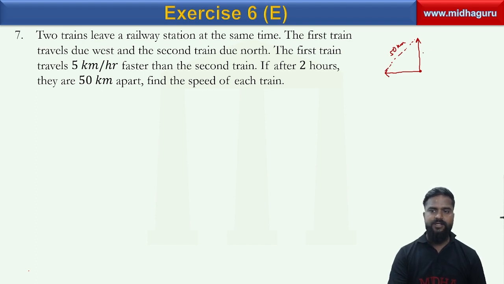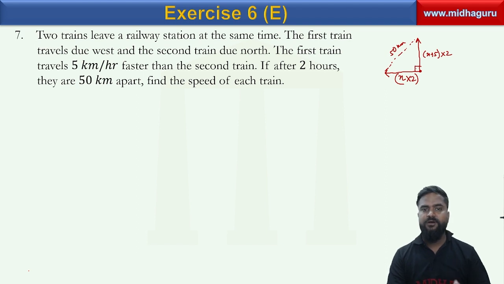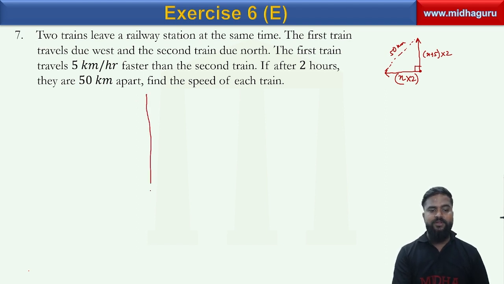So let us say the train that is going due west travels at a speed of x, which means this distance is x into 2. Similarly, if this train is traveling at a speed of 5 kilometers faster, it is x plus 5, and this is also into 2. So if you can see, this kind of forms a right triangle, and using the Pythagoras theorem is how we are going to solve this question.